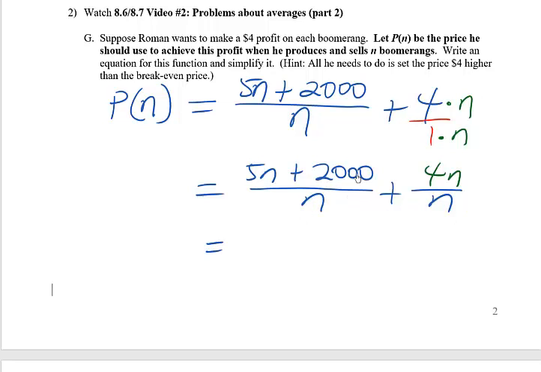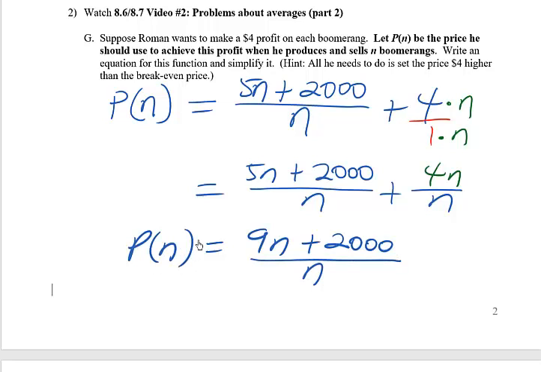The tops just add across, 5n plus 2,000 plus 4n. When you combine your like terms, you're going to get 9n plus 2,000. The bottom just stays the same, and I'm done. Here's my final version of the P of n function. Remember, P stands for the price tag, and n stands for the number of boomerangs.